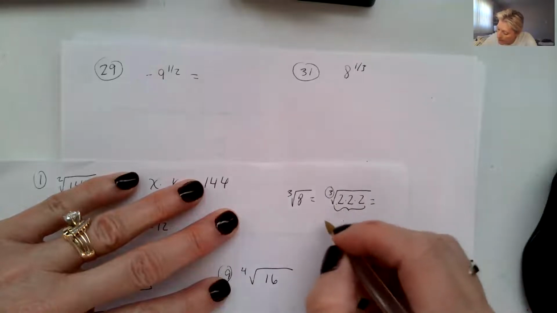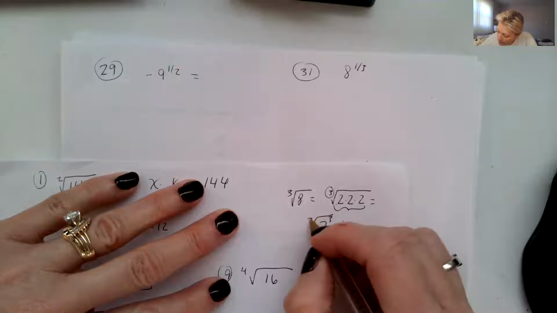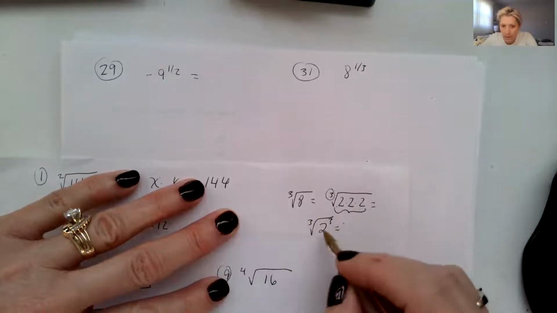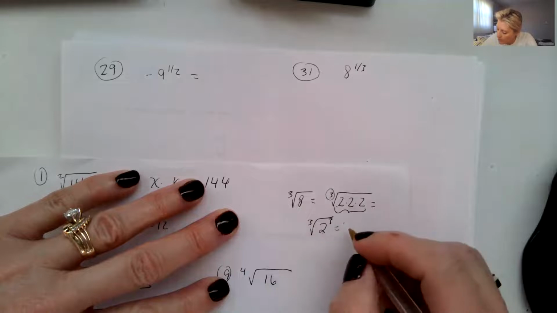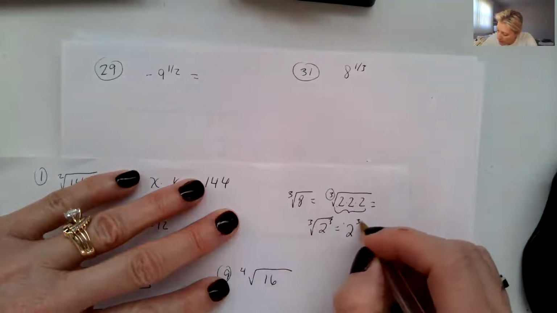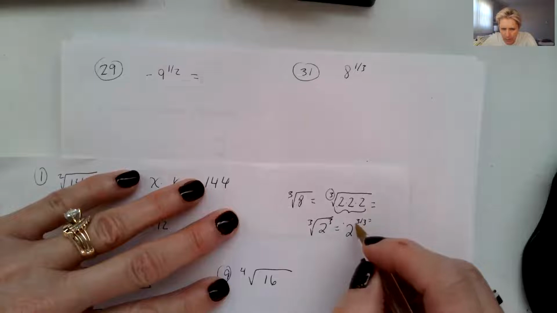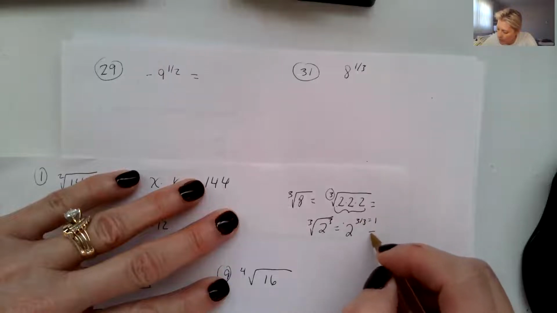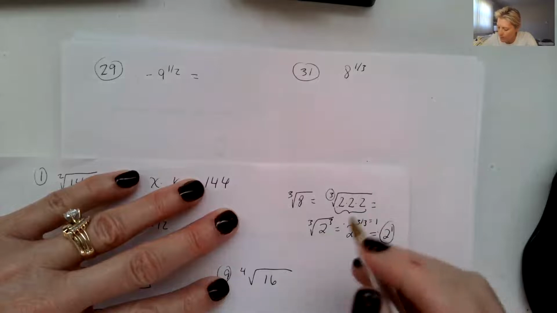And that's because 2 times 2 times 2 is 8, it's 2 to the third, the cubed root is 2 to the 3 over 3. And that rational exponent, that fraction, 3 over 3 is a 1, so it's just 2 to the 1. So the cubed root of 8 is 2.